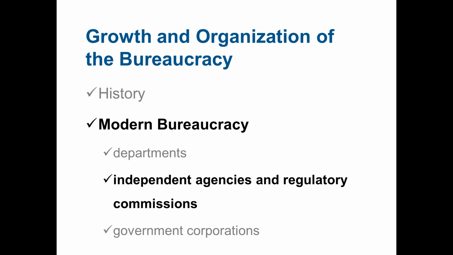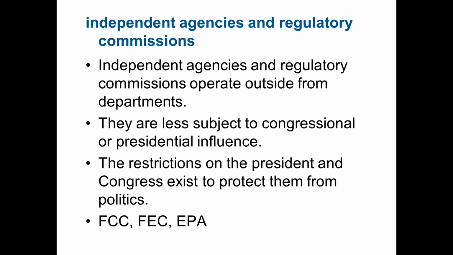All right, so beyond departments, a specialized type of bureaucratic group within the executive branch are independent agencies and regulatory commissions. So oftentimes the function of this type of group is going to be the same as what goes on in the department, just on a smaller scale or a more specific domain.